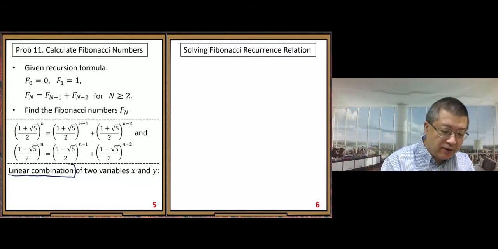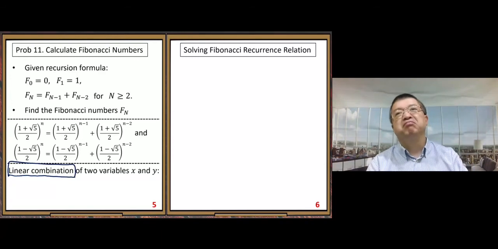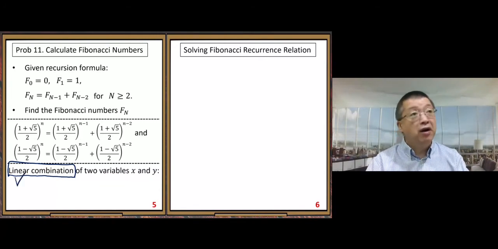This concept is called a linear combination. Because we have a linear recurrence relation, that's the reason we need to use the linear combination. We don't want to use a non-linear combination. We want to use the linear combination, preserving the linear structure. Otherwise, we may break the linear structure. We don't want to break it, right?